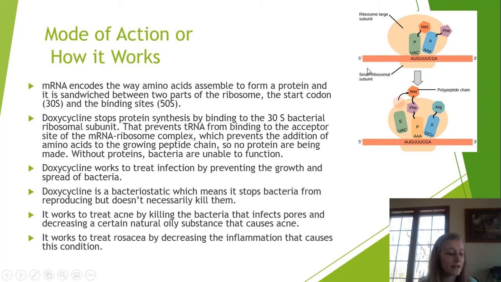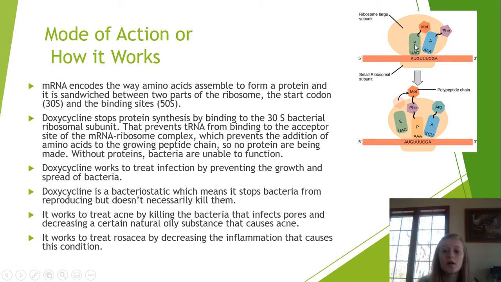Basically, the 30S subunit of the start codon starts the whole translation process, and then the large subunit joins. Then the tRNA molecule, which is about right here, attaches to an amino acid, and that amino acid goes to the A site, and then moves to the P site where the peptide chain starts to form.